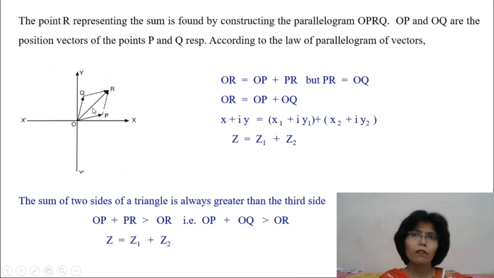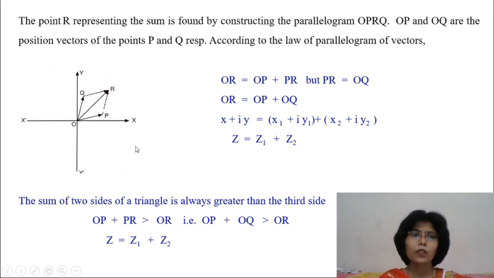Then according to the law of parallelogram of two vectors, OR is equal to OP plus PR, but PR and OQ both are equal, so we can write OR is equal to OP plus OQ. OR is equal to x plus iy, which is equal to x1 plus iy1, that is OP, and OQ is x2 plus iy2. So we can write x plus iy as z, x1 plus iy1 as z1, and x2 plus iy2 as z2. So z is equal to z1 plus z2.